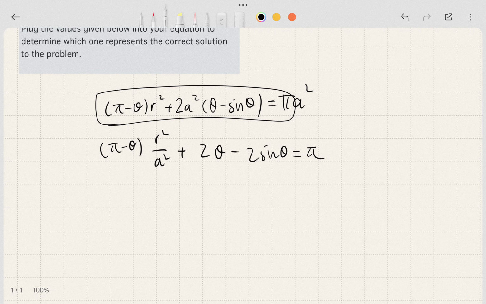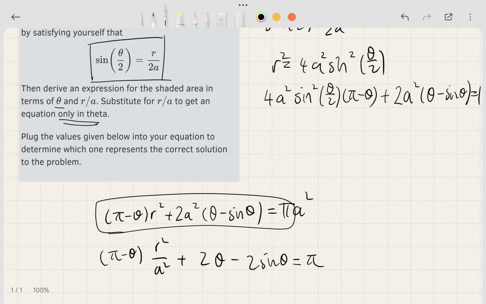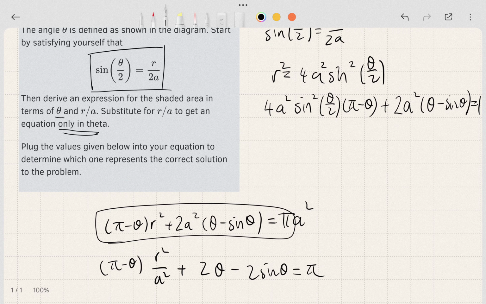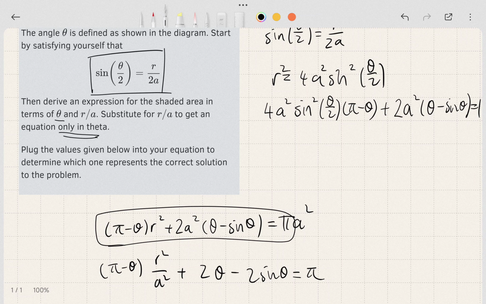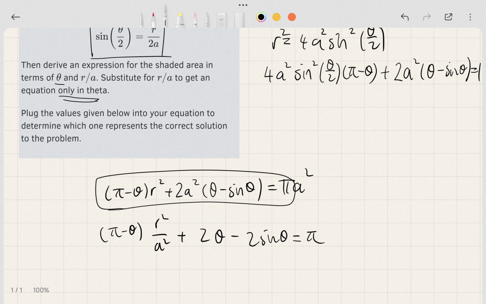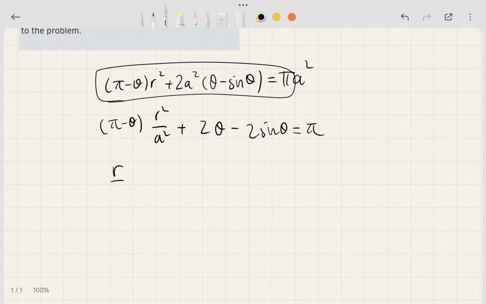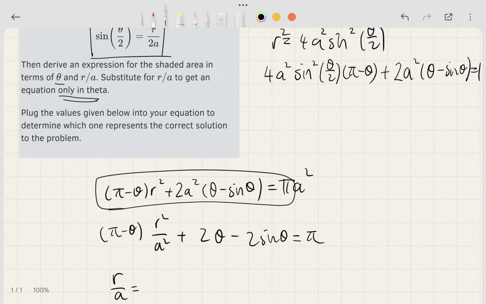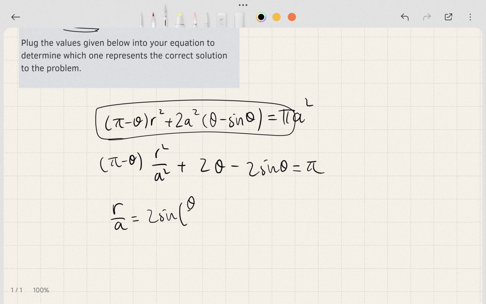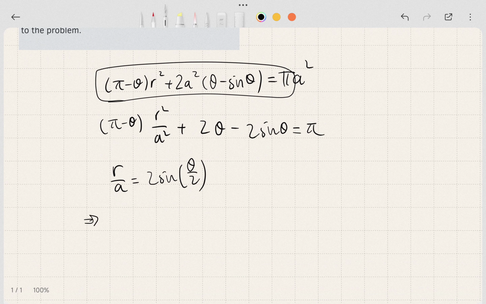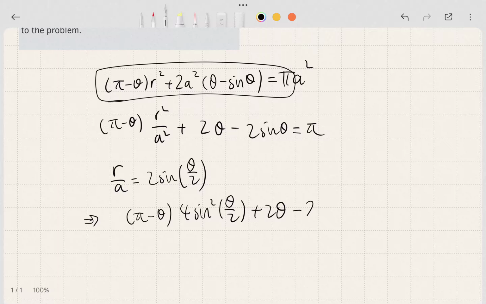And so what you would get is essentially to substitute for r over a to get an equation only in terms of theta. We know that r over a from earlier is equal to 2 sine of theta over 2. So therefore you get the equation pi minus theta times 4 sine squared theta over 2 plus 2 theta minus 2 sine theta is equal to pi.